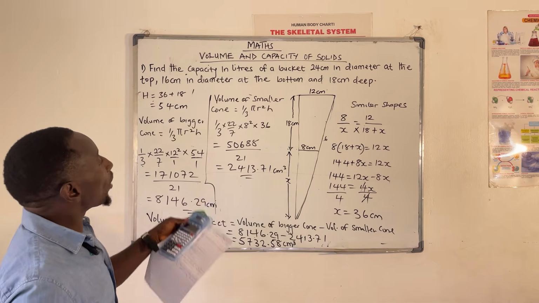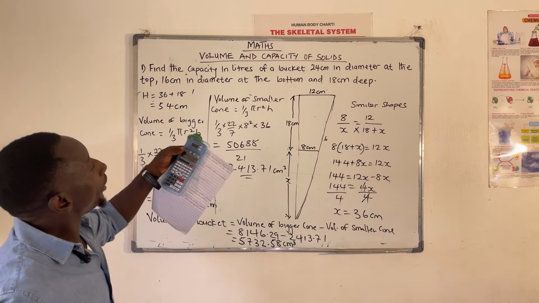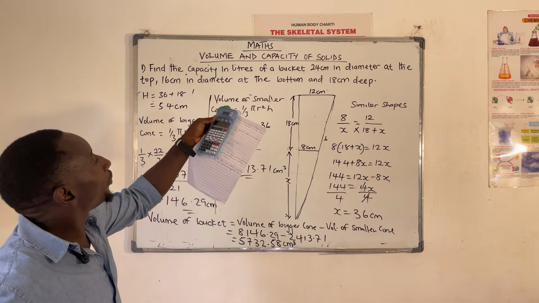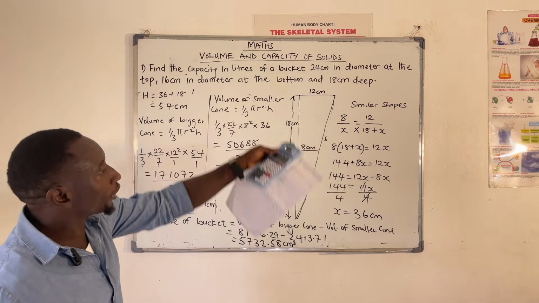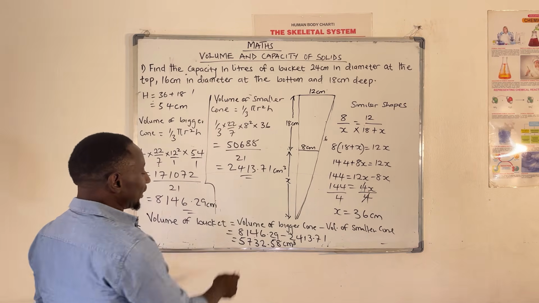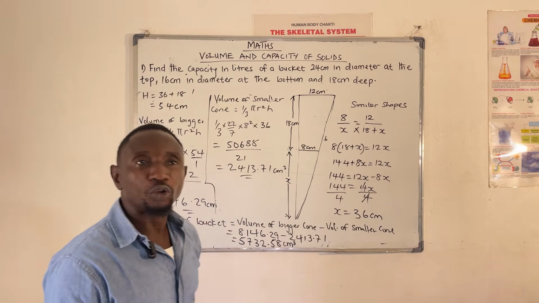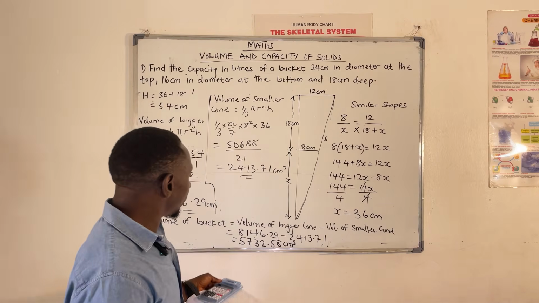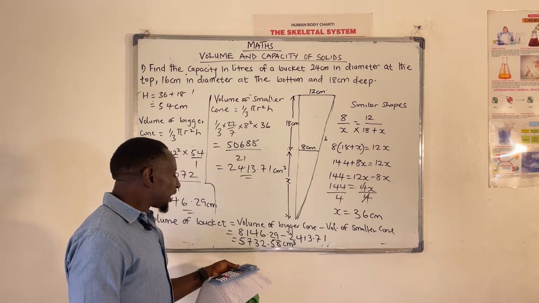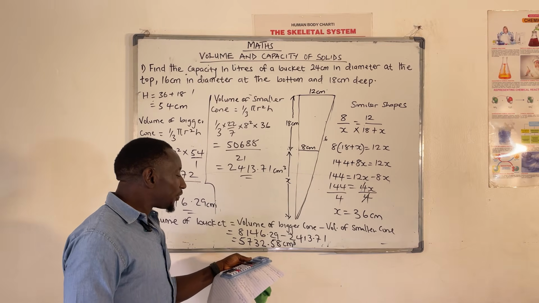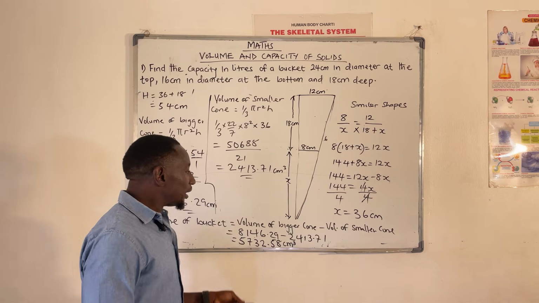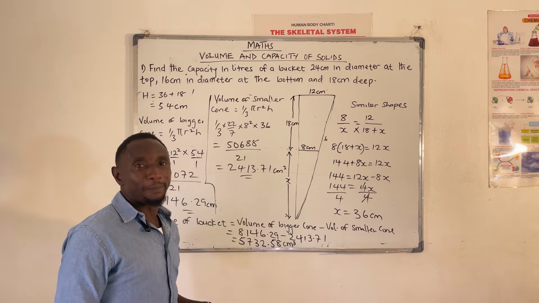But the question says find the capacity in liters of the bucket. Now, since this is the volume of the bucket, meaning this is the space the bucket occupies. The bucket occupies 5,732.58 centimeter cube. Now, we will have to change this to capacity.